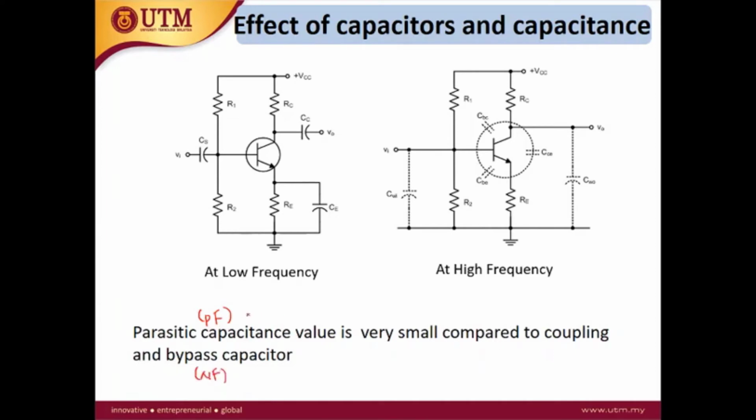Pico is 10 to the power of minus 12, nano is 10 to the power of minus 9, and microfarad is 10 to the power of minus 6. So you have around 6 orders of magnitude difference between the parasitic capacitance and the bypass capacitance.